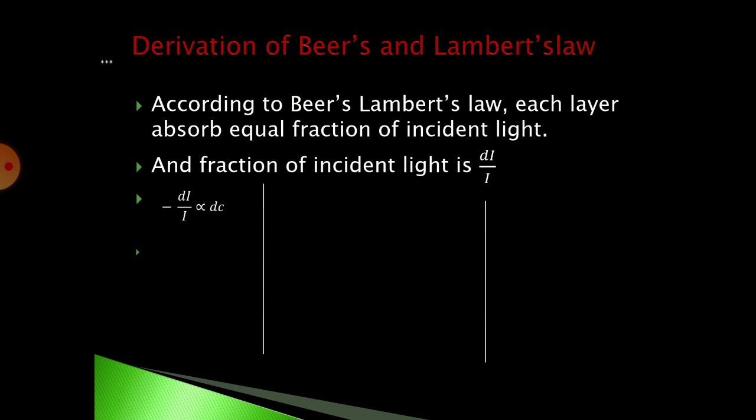The proportionality sign can be removed by substituting a proportionality constant, so the equation becomes minus dI by I is equal to K1 dC.